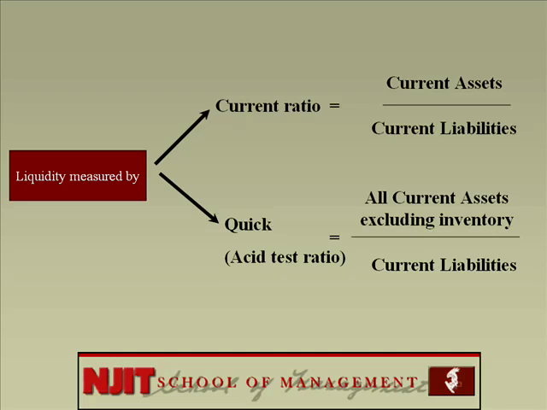What's the cutoff? 1. Have they failed the liquidity test? Yes. So a loan officer would conclude, even if they look healthy, they have cash flow problems. Would you invest in such a company? Maybe not.